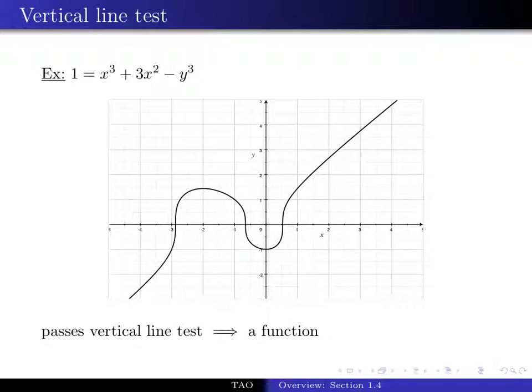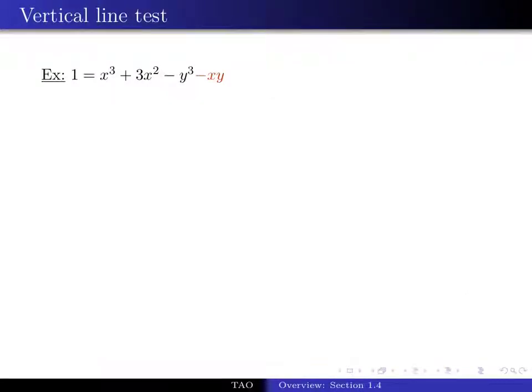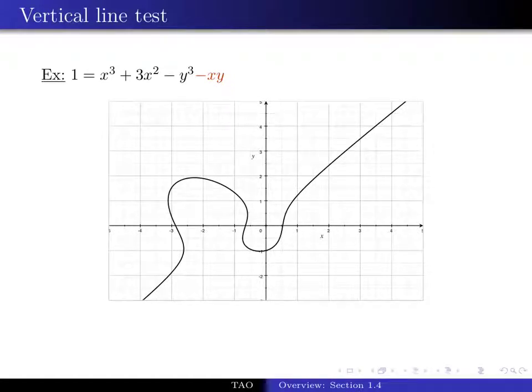If we really wanted to play around with this, we could write y equals some function of x, and we're in good shape. But if we modify our equation just a little bit, we're going to get something that looks like this. If we draw a vertical line, it's going to intersect in 1, 2, 3 places. It's going to intersect here, 1, 2, 3 places.